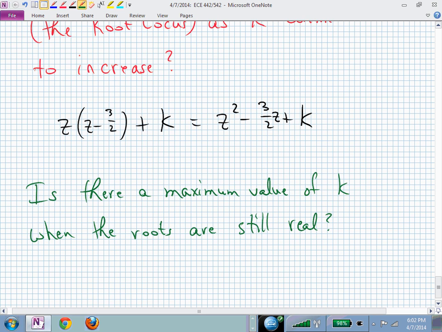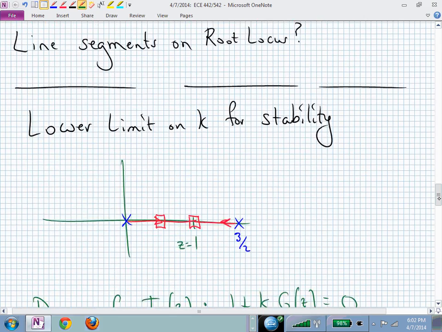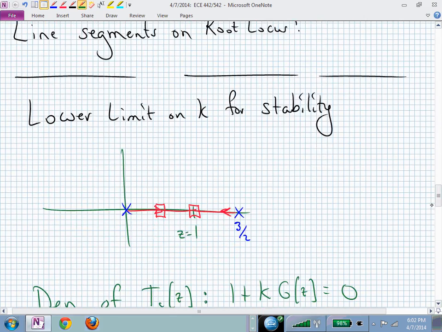What am I asking? I'm now saying we have tried to look at this problem. We've sketched a root locus so far where these two branches, we've cranked up k to 1/2, and we have a pole at, or a root at 1/2 and another root at 1.